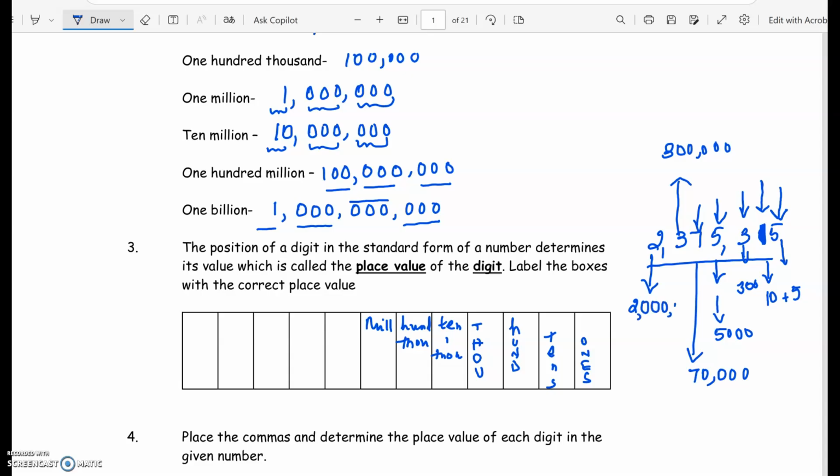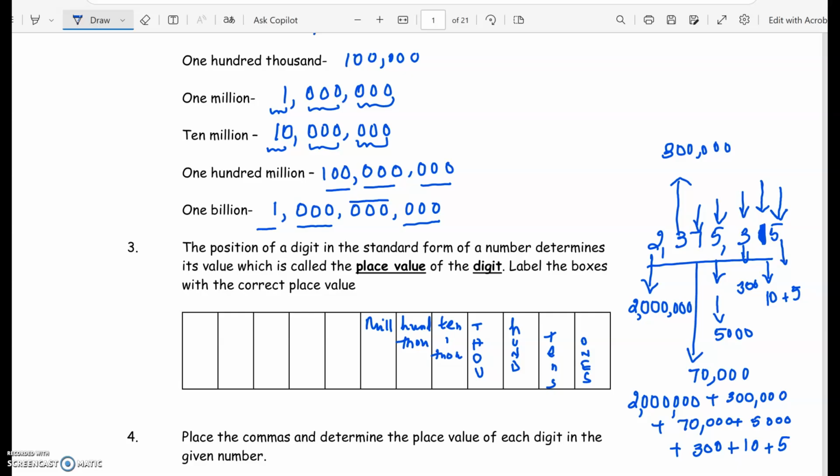A million has 6 zeros. So basically this number is a 2 million plus a 300,000 plus 70,000 plus a 5,000 plus a 300 plus a 10 plus a 5.